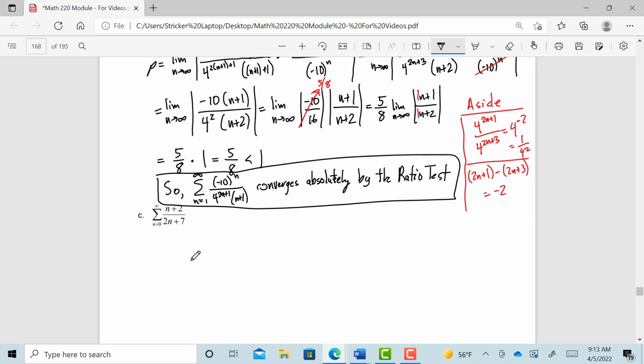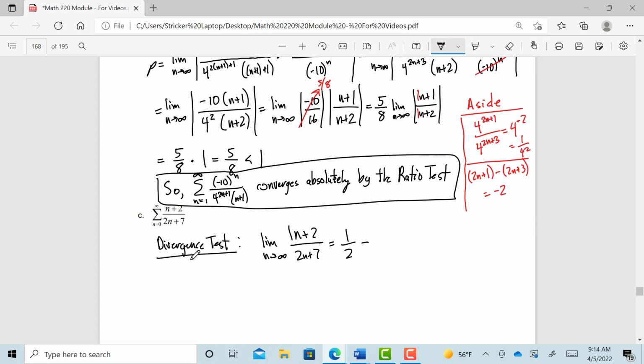And just looking at it right off the bat, I'm going, remember, one of the first things we always want to do is do the divergence test. Just looking at it, if I take the limit as n approaches infinity of n plus 2 over 2n plus 7, what does that equal? Well, just looking at those coefficients, we have 1n over 2n. This is going to be 1/2.